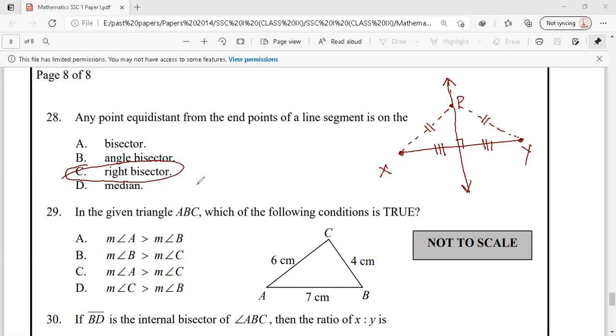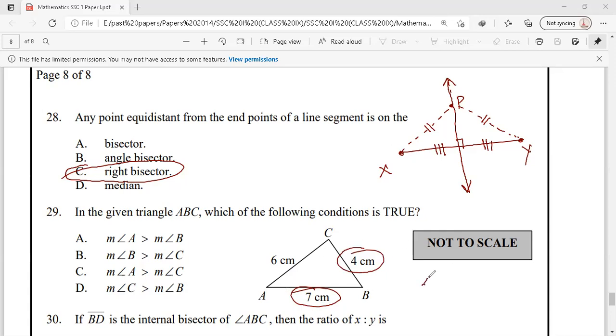Let's see question number 29. In the given triangle ABC, which of the following statements is true? We have to identify the true condition. From the diagram, we can see that the greatest side is 7 centimeters while the smallest side is 4 centimeters.